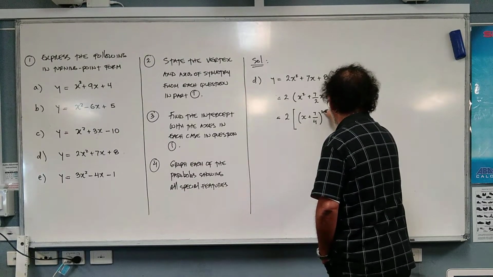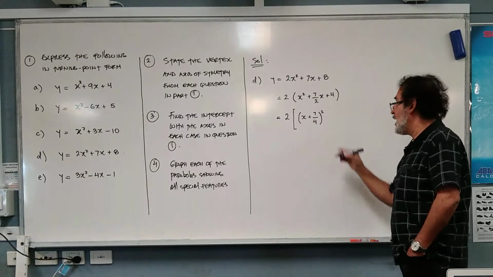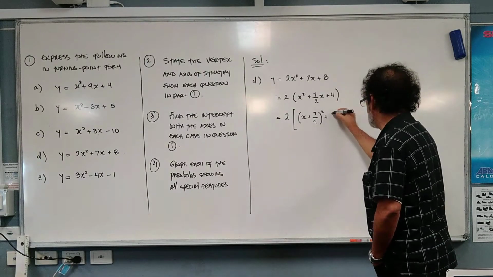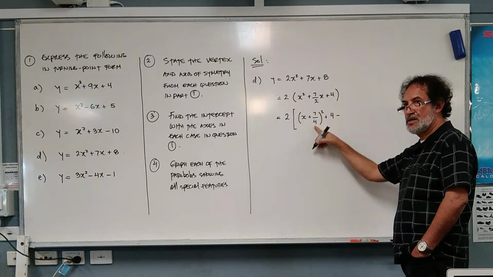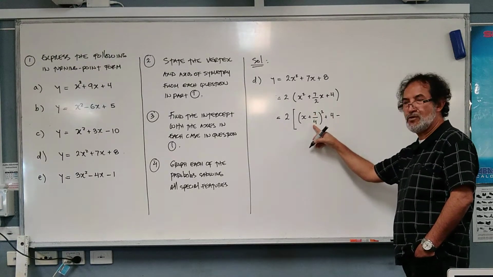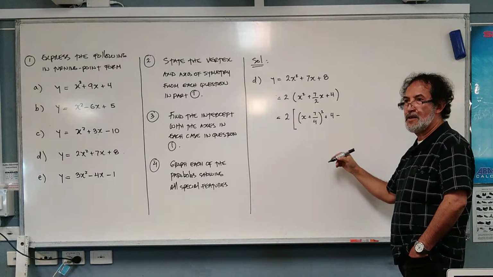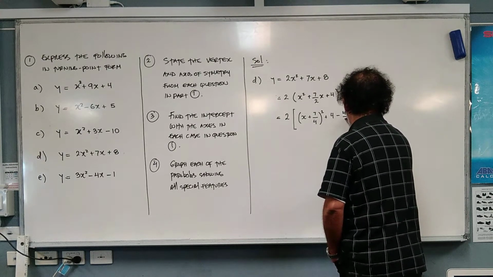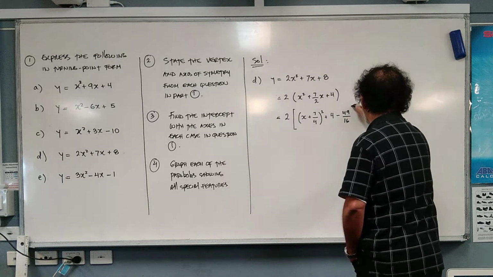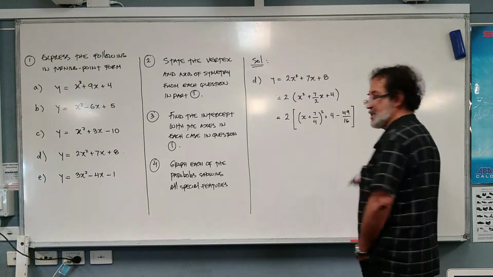And then square. And then we're going to add 4, but then we're going to take away the square of this. So what is the square of 7 over 4? 49 over 16. Okay, and then we're going to close the bracket.